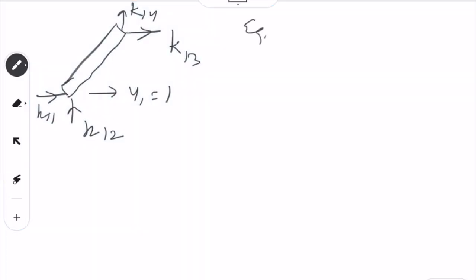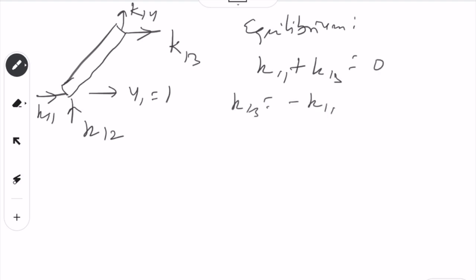For equilibrium, K11 plus K13 equal to 0, hence K13 equal to minus K11 is equal to minus EA over L cos square theta.